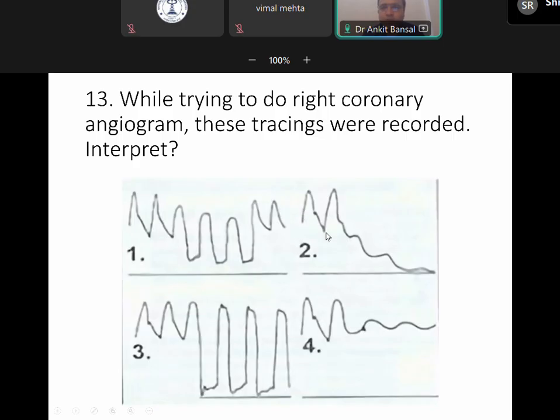What is happening in trace 2? So why does this pressure suddenly become 0?